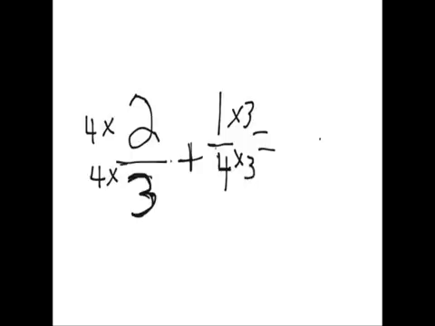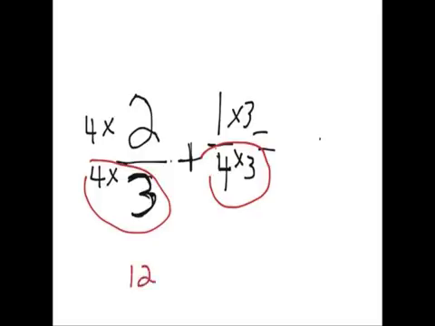And then we're going to come up with a common denominator, and the common denominator will be 12, because 4 times 3 is 12. On both sides here, you can see 4 times 3 is 12. So we're going to have a common denominator of 12.